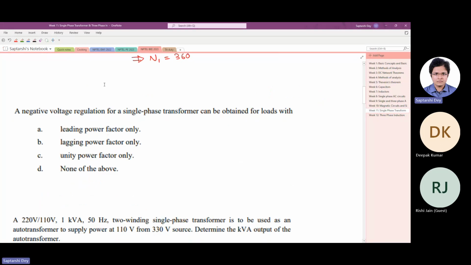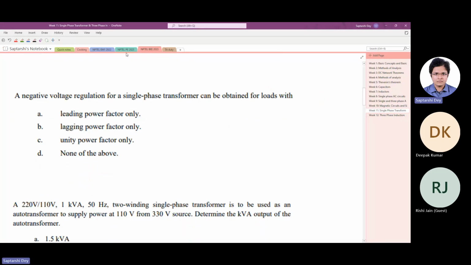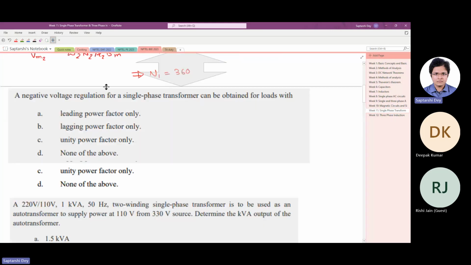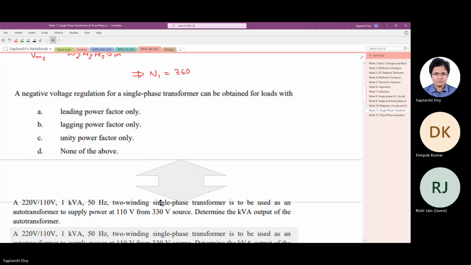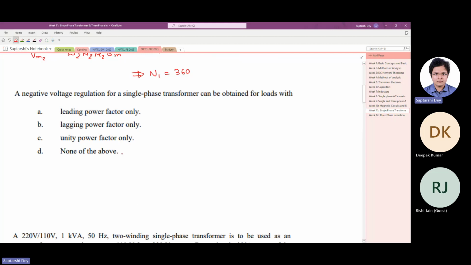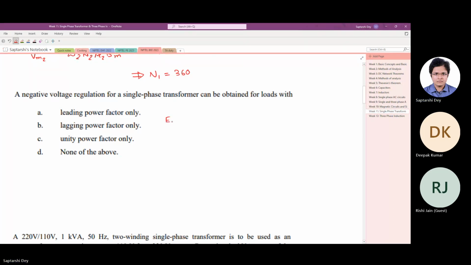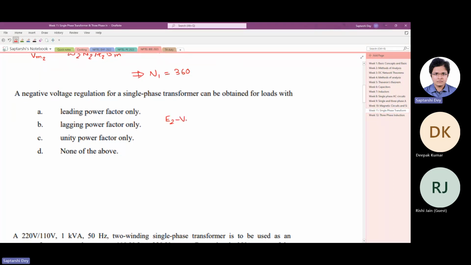Negative voltage regulation for a single phase transformer can be obtained. What is negative voltage regulation? Voltage regulation is given by this. Do you know what is voltage regulation?